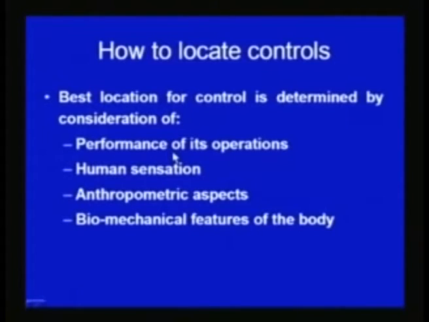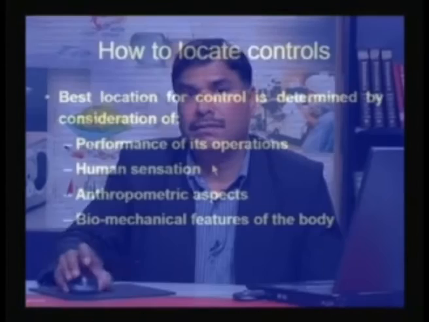Performance will indicate the criticality of a particular control in the success of its operation. Human sensation will indicate how the body will get the sense when the control device is operated, like whether touch is to be used, or just seeing it, or hearing it.